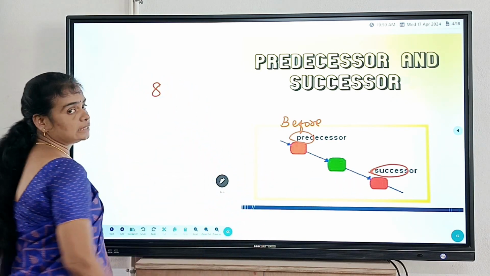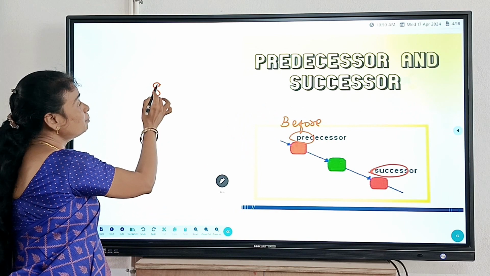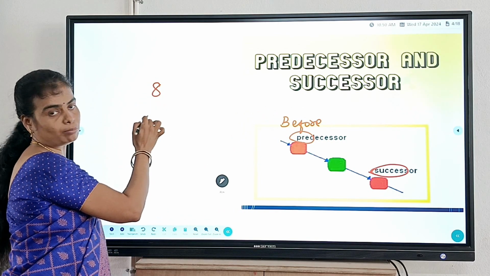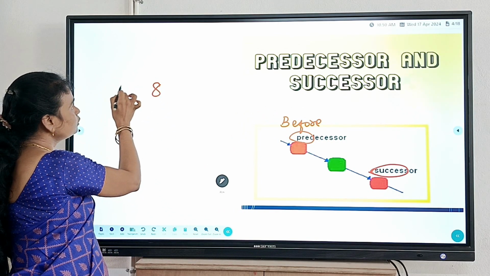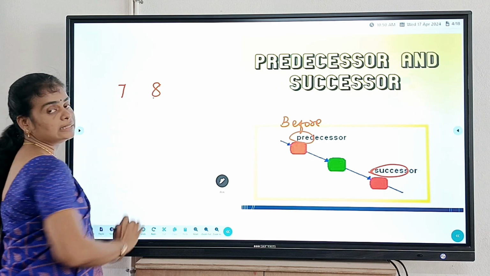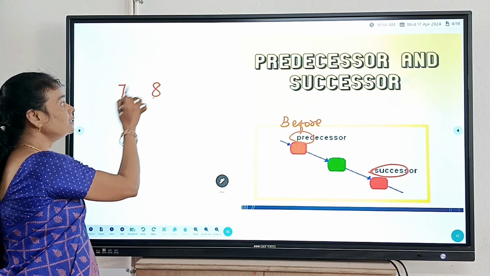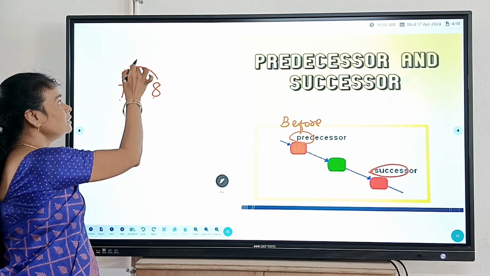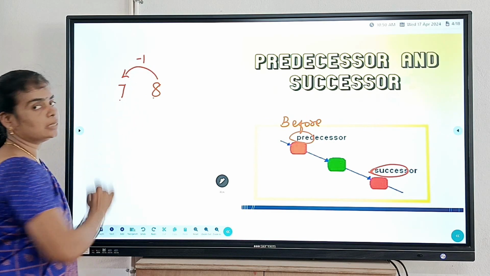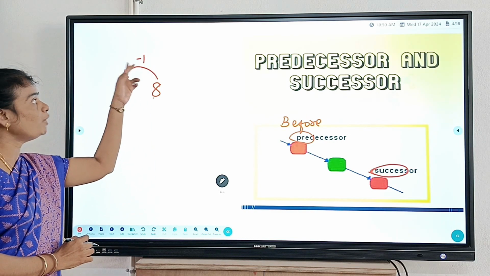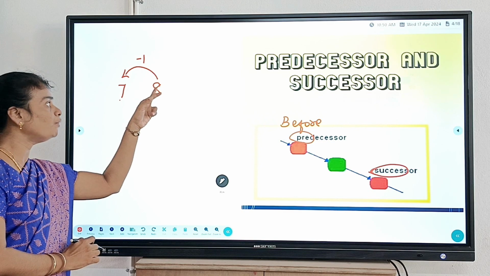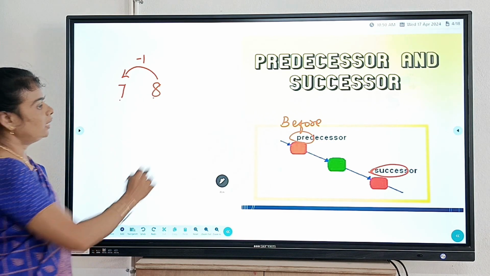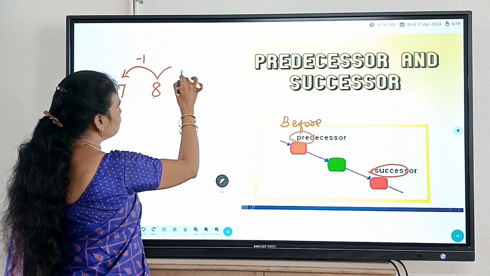Whenever a number is given, how to find the predecessor of this particular number is that the number that comes before this number is 7. So how do we get this 7? If this 8 is reduced by 1, it becomes 7. So it is the before number. The number that comes before 8 is 7. And success, that is the next step.